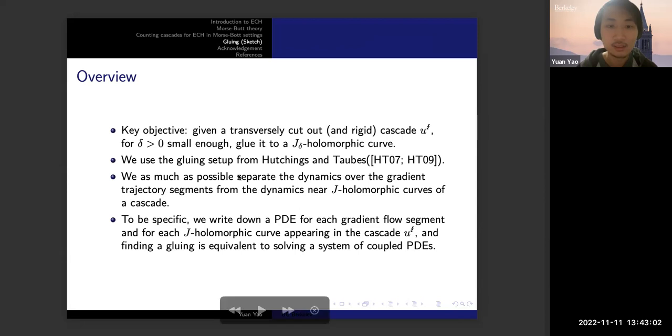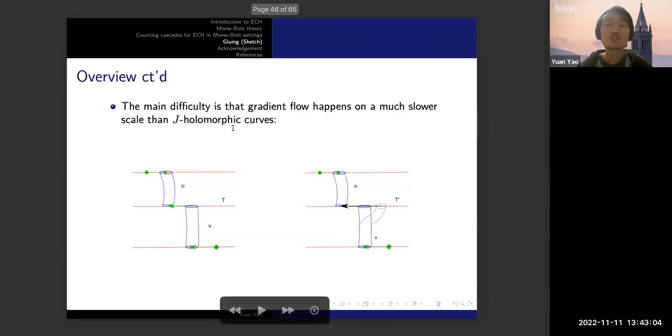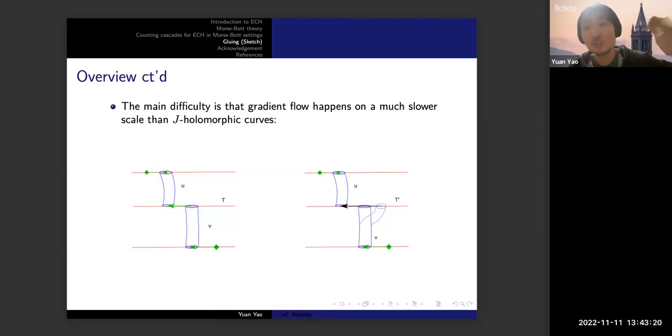Okay, so let me describe the main difficulty with gluing before I start to tell you about the construction. There's kind of two difficulties. One is, look at this cascade. In the intermediate level where I've drawn this T, there's less transversality than you would usually expect.